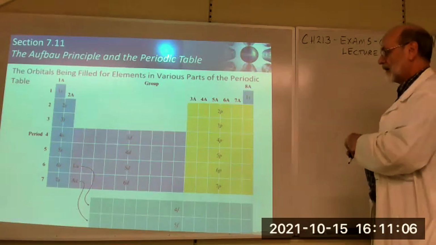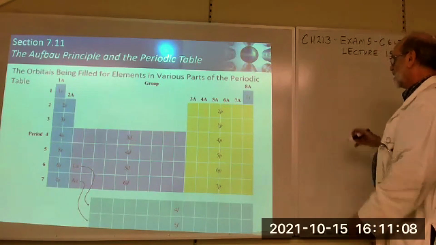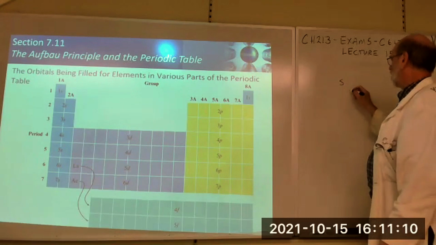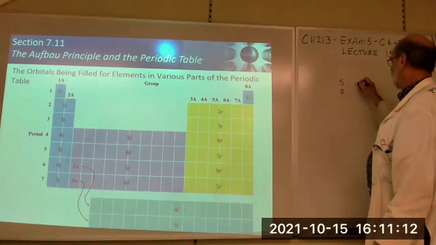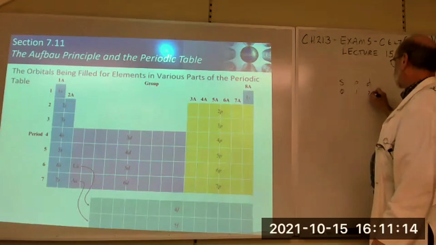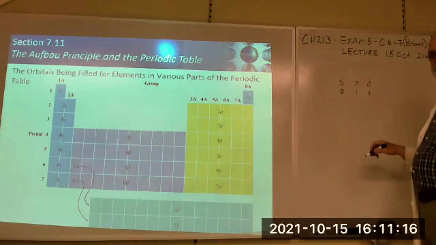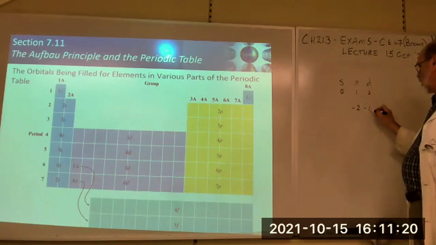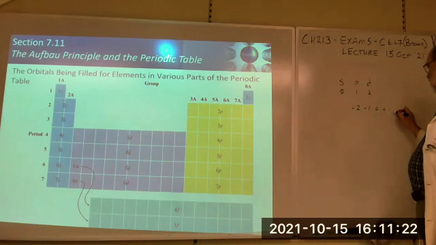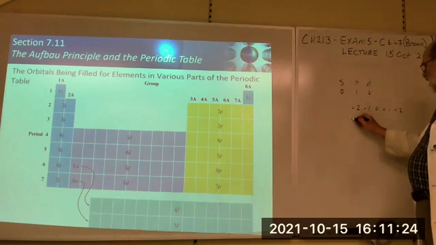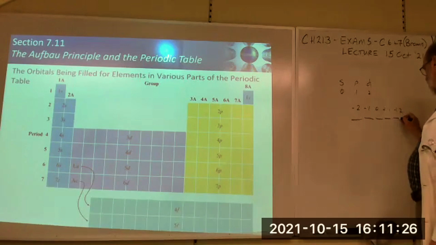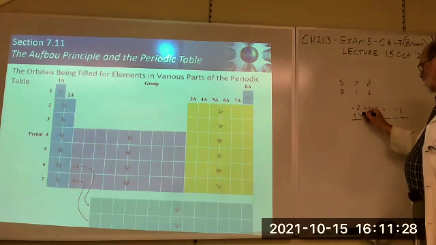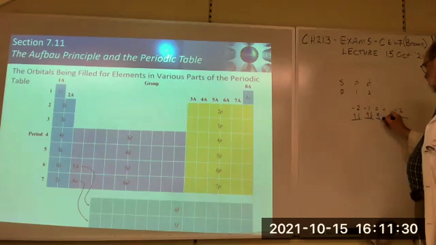Okay. These are d's. So if s is 0, p is 1, d is 2. So it can have m sub l's of -2, -1, 0, +1, +2. And each one of those can have 2 electrons in it.